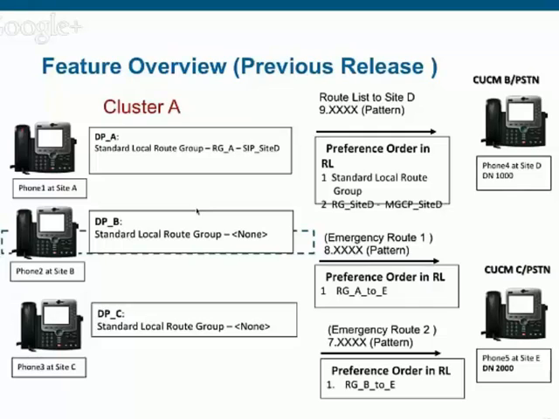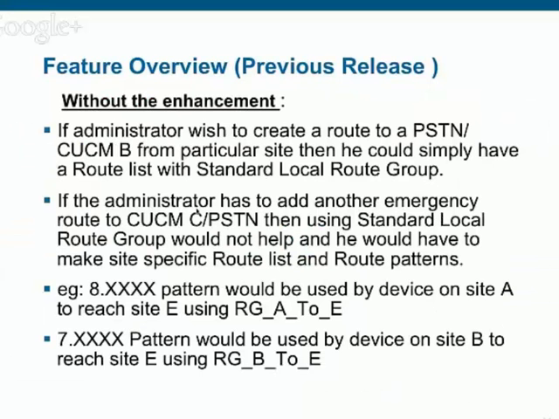So in this case, what the administrators used to do before is they used to have a separate A.x pattern for site A, a separate one for site B, and a separate one for site C, and then they used to route the call based on that. To give you a clearer picture, let's say we have sites A, B, and C. Site A wants to call THO.